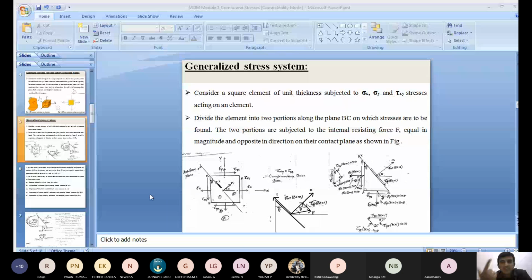Then we can say the two-dimensional element is subject to a general stress system. Clear? For example, if the element is subject to a uniaxial stress system, the stress acts only along the x-axis. You can see on the camera, the stress acting only along the x-axis.